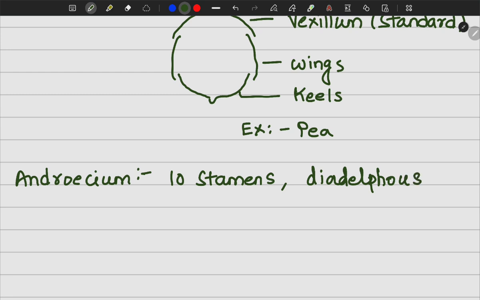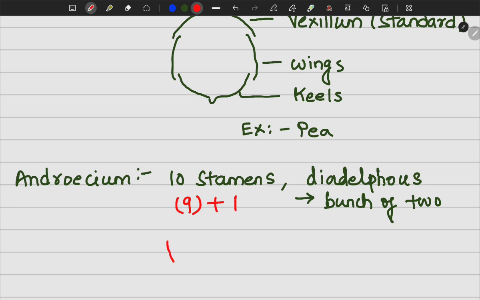Diadelphous meaning what? We also studied some important terms related to stamens, right? Monoadelphous, diadelphous, polyadelphous. So diadelphous means bunch of 2 or group of 2. So here these 10 stamens are arranged in the form of 9 fused plus 1.